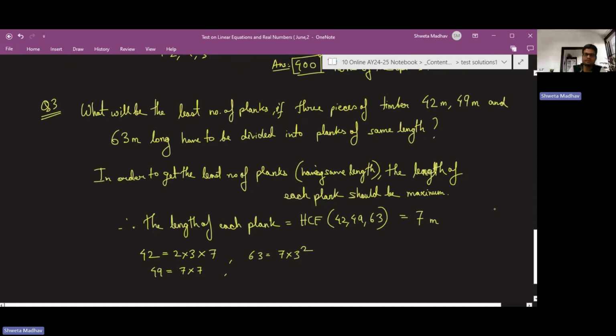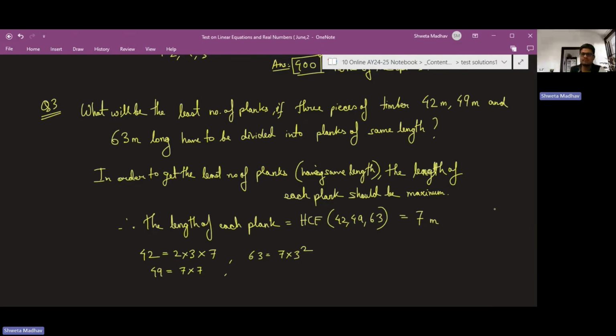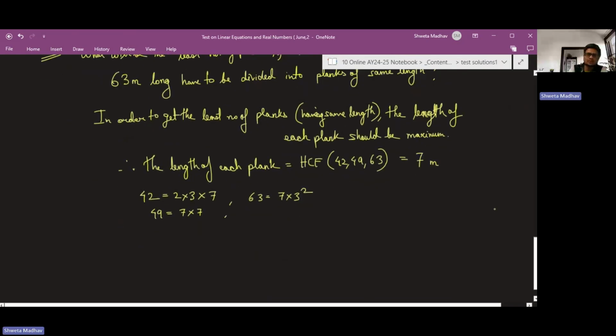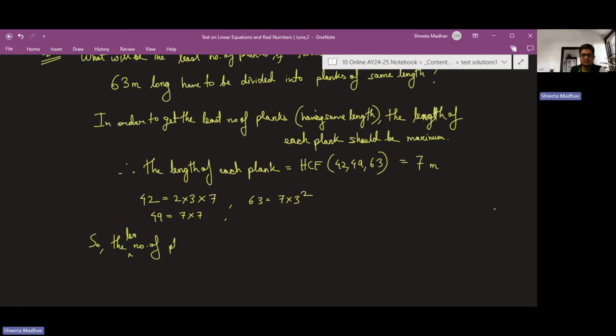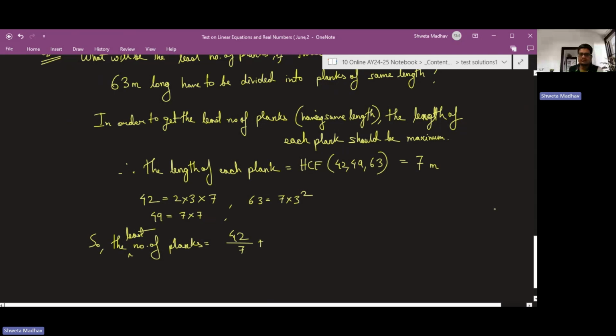Now I have three pieces of timber, which are 42 meter, 49 meter, and 63 meter. So the least number of planks will be equal to 42 by 7 plus 63 by 7 plus 49 by 7. 7 sixes are 42, 7 nines are 63, and 7 sevens are 49.